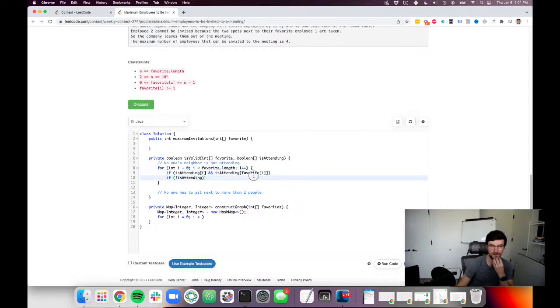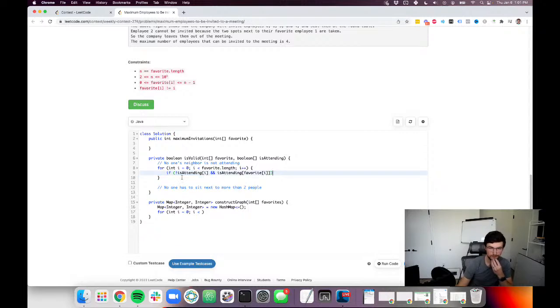Because we want to say, if is attending i... so what we want to do is, the problem is if i is attending but i's favorite is not attending.